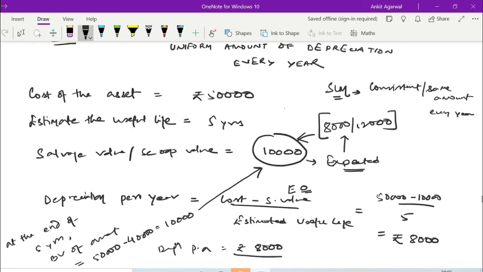But in this case, because we had 10,000 rupees, we have included 10,000, right? It is just an expectation, just an expected value. It is just an estimated useful life. It's an estimate by the management or the entity or the business owner that I can use the asset for, let's say, 5 years or 3 years or 4 years, whatever, right?